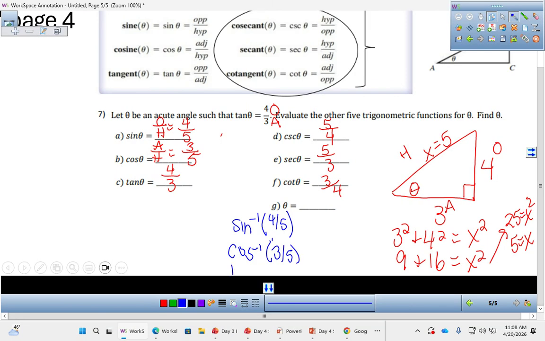Or you could do the tan inverse of 4/3. It does not matter which one you do. All 3 of them are going to give you the exact same angle.